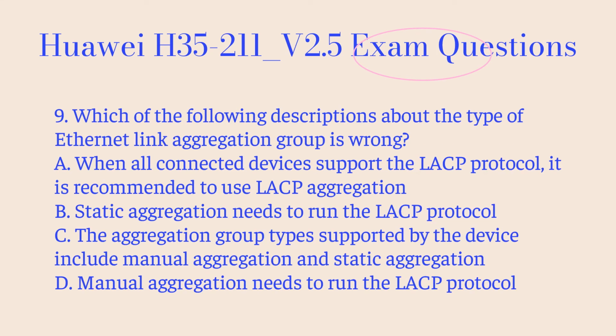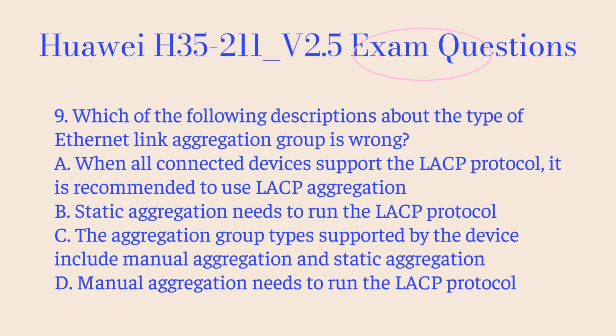9. Which of the following descriptions about the type of Ethernet link aggregation group is wrong? A. When all connected devices support the LACP protocol, it is recommended to use LACP aggregation. B. Static aggregation needs to run the LACP protocol. C. The aggregation group types supported by the device include manual aggregation and static aggregation.